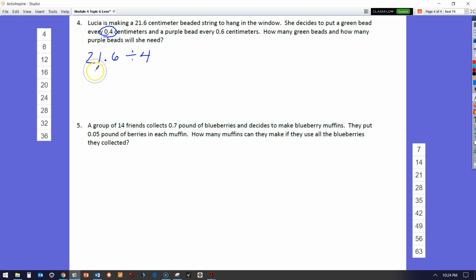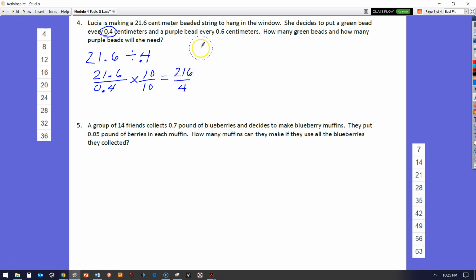So let's just rewrite that. 21 and, oops, it's 4/10. 21 6/10 divided by 4/10. I can put my 0 in there also. So now we know we need to multiply by 10 over 10 to get this to equal 216 over 4.